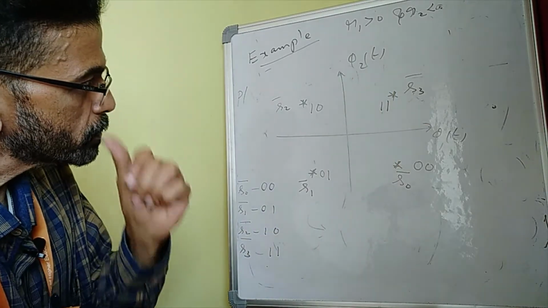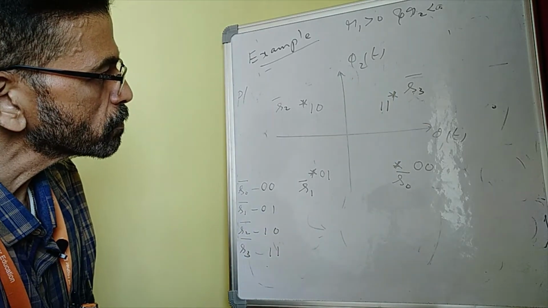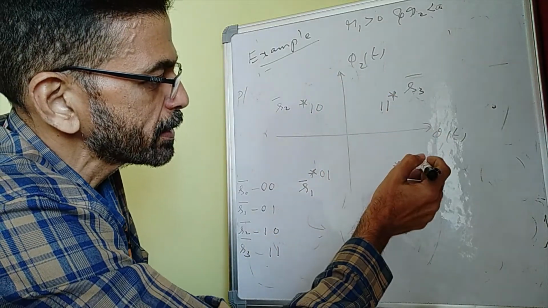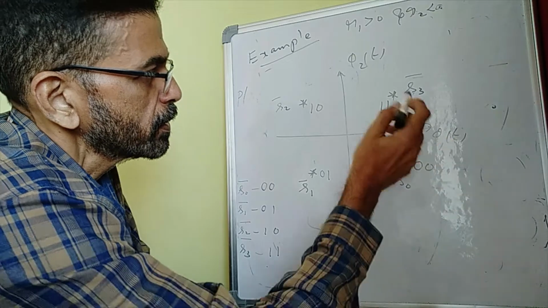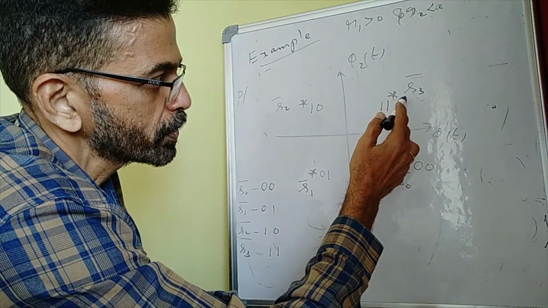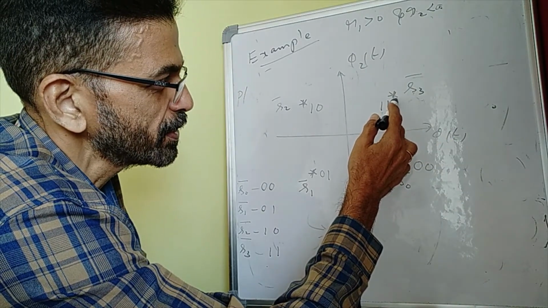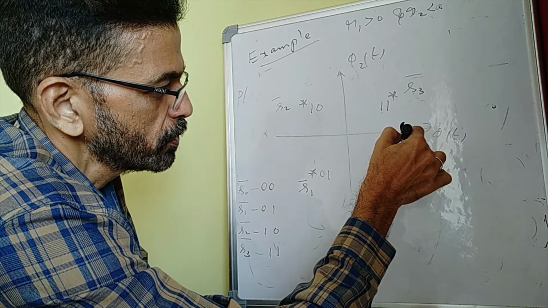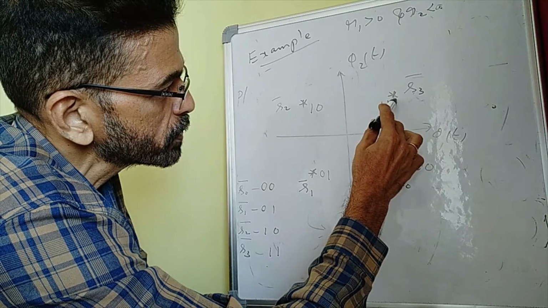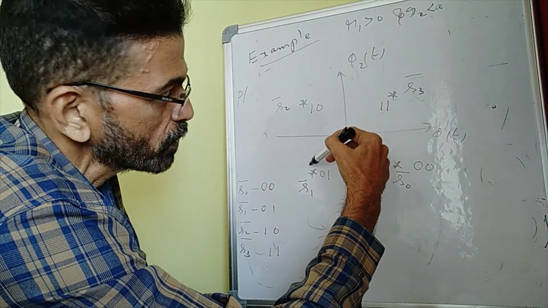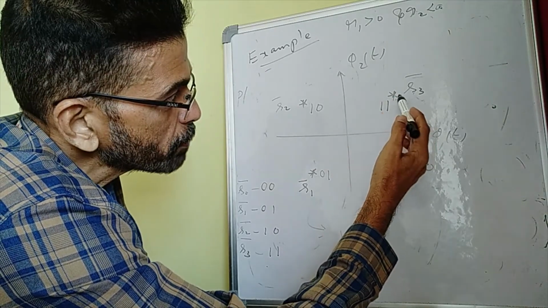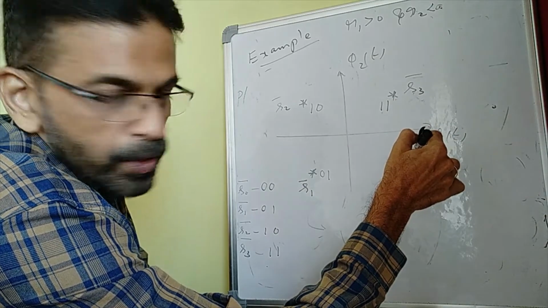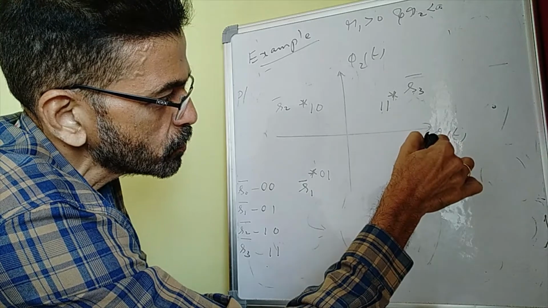Now what happens is that you know clearly that the probability of S3(t) being detected as S0(t) is more than the probability of S3(t) being detected as S1(t). Now what happens when S3(t) is detected as S0(t)? You are going to detect 1 1 as 0 0.